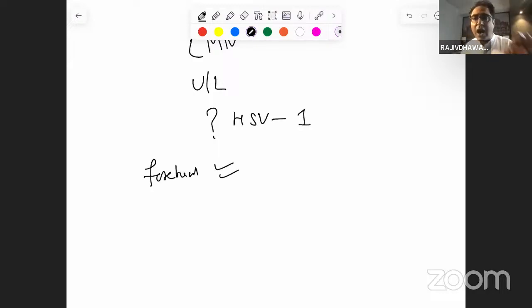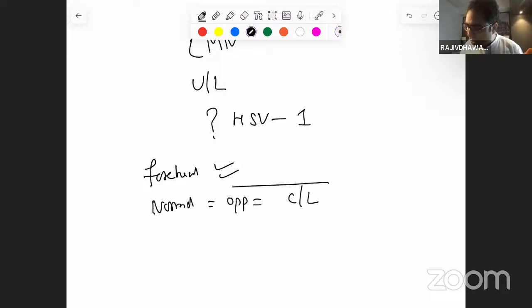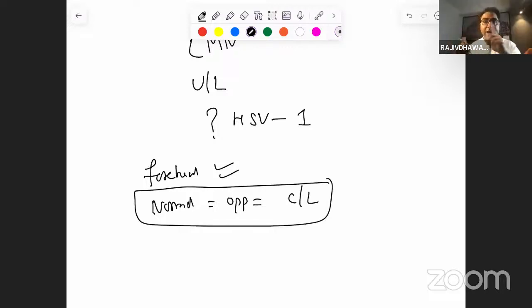One complete half of the face is paralyzed, including the forehead, with angle of mouth deviated to the normal side. Normal means opposite side, contralateral side. So what is the correct answer of that controversial question, beta? One complete half of face paralyzed, including the forehead, angle of mouth pulled towards the normal side, or opposite side, or contralateral side.